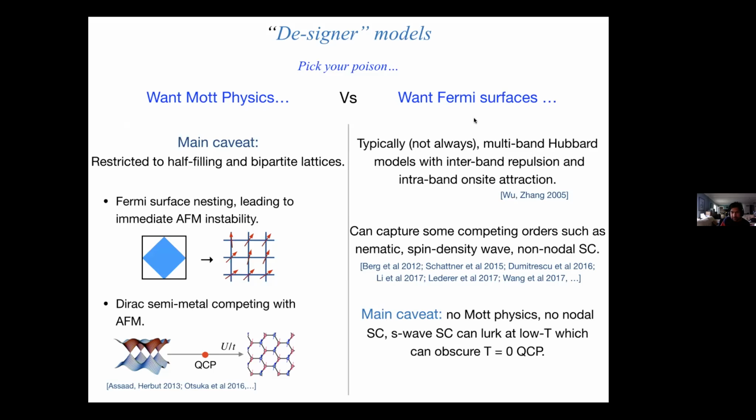You can try it. At least that's my conjecture. You will fail. And people have tried, and they always find things which are not nodal.